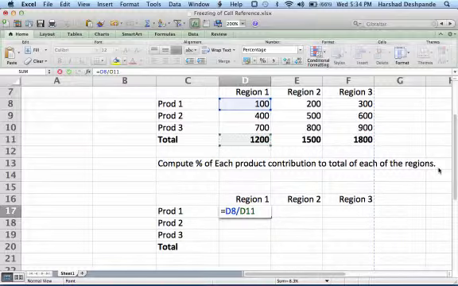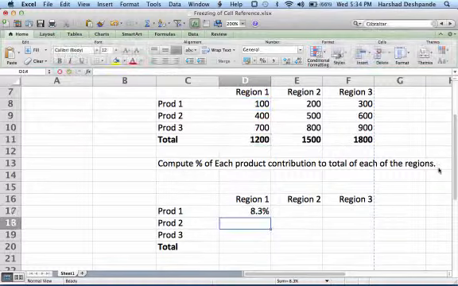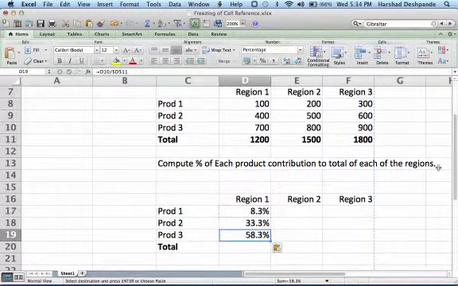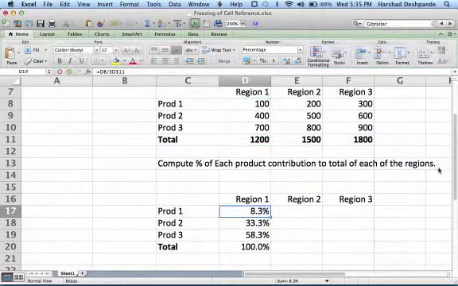So to ensure that I don't have to insert this formula repeatedly, what you do is you put a dollar sign in front of the column and a dollar sign in front of a row indicator. So in this case, the column indicator is D and the row indicator is 11, indicating that I have now frozen the cell reference of the denominator. So once this computation is done, now I can simply copy and paste it downwards. So my computations are ready to be done.